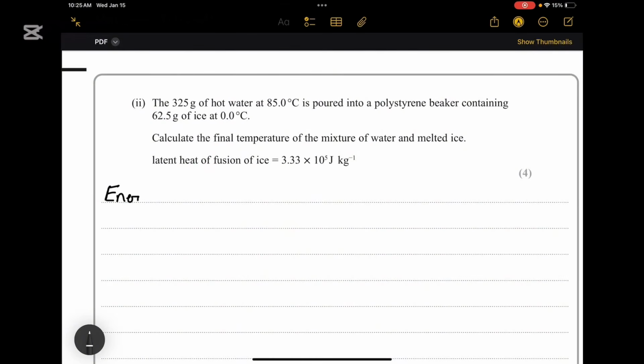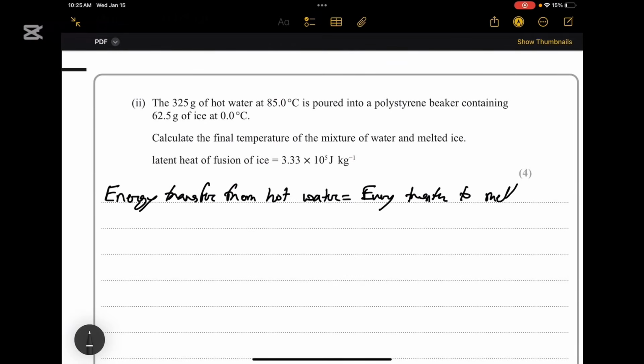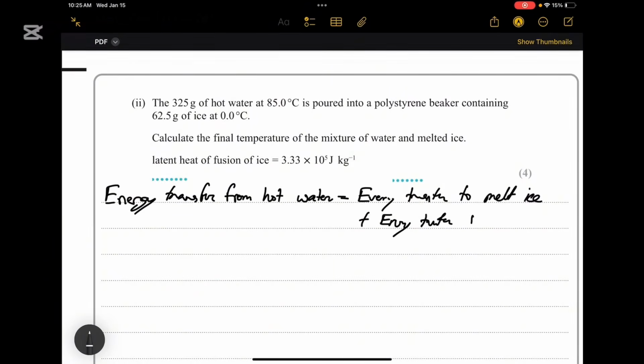Energy transfer from hot water is equal to energy transfer to melt ice plus energy transfer to heat the ice water, right? This is the thing.